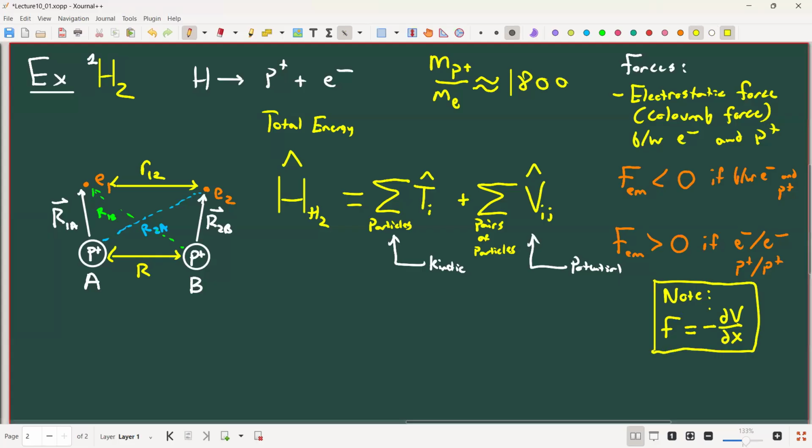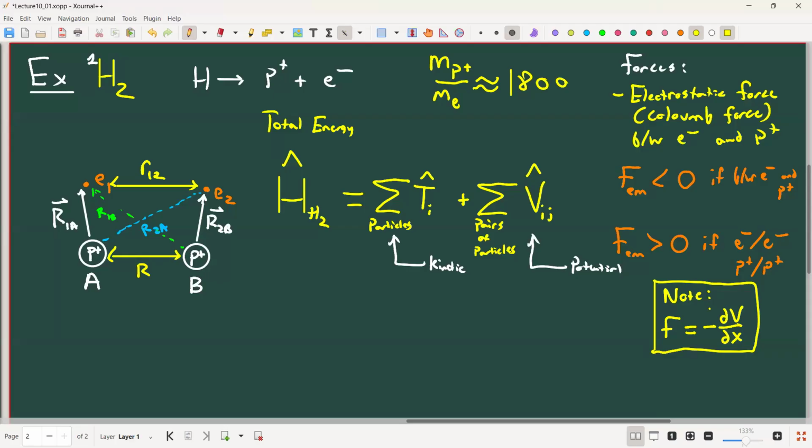So if we know the forces, we just have to integrate to get the potential energy. Or if we know the potential energy, the force is the derivative. We'll come back to that. That'll be important when we start talking about bonds. So we know what the forces look like. We can write down an equation for it so we can get a potential energy. We'll do that when we start solving this problem properly.